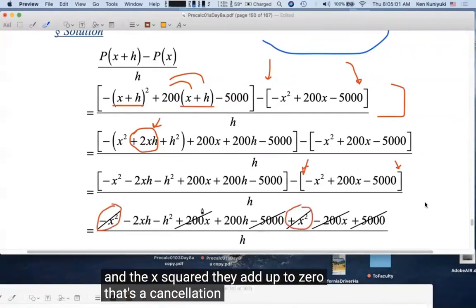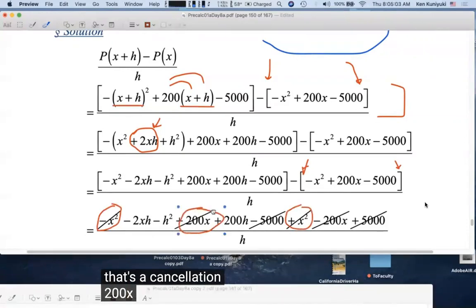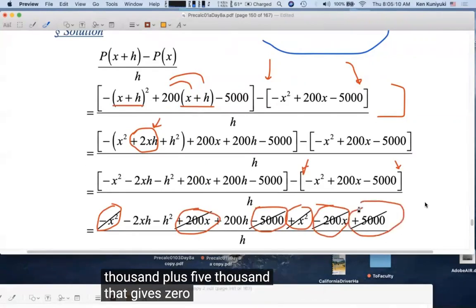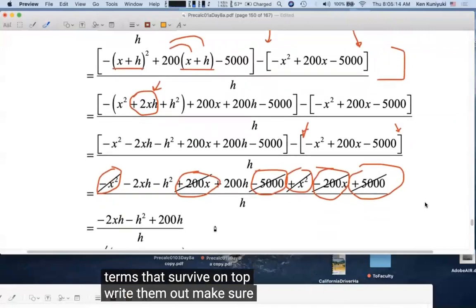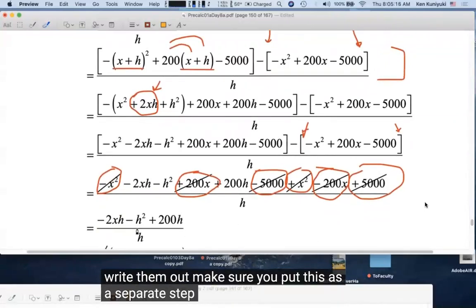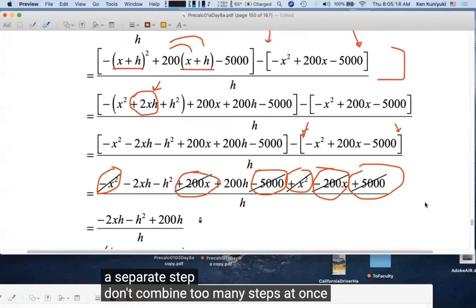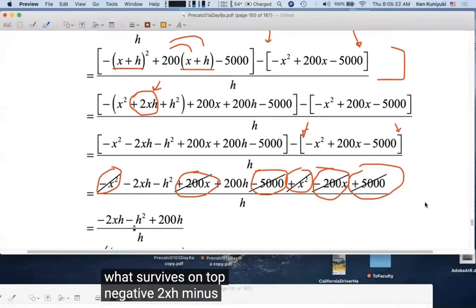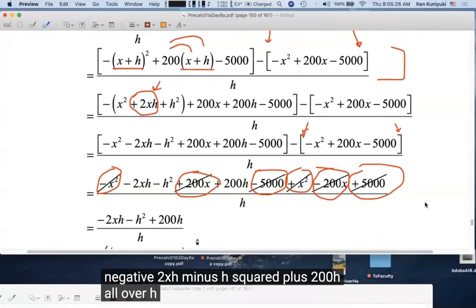That's a cancellation. 200x minus 200x, that gives 0. And negative 5,000 plus 5,000, that gives 0. There are only 3 terms that survive on top. Write them out. Make sure you put this as a separate step. Don't combine too many steps at once. What survives on top? Negative 2xh minus h squared plus 200h, all over h.